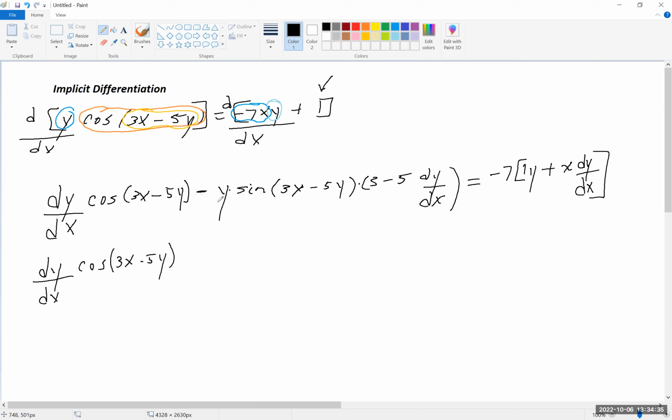And then I am going to have to distribute this. And I'll just make it a little lighter so it doesn't obstruct too much.